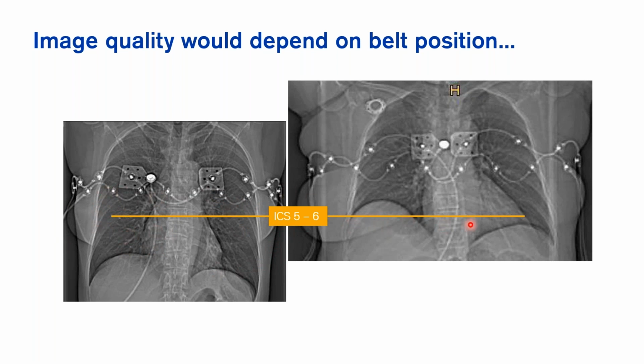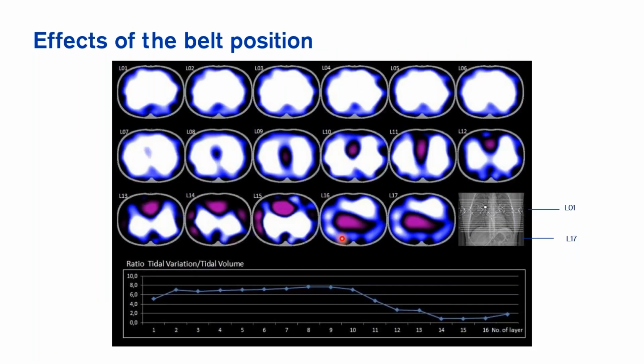If the belt is positioned too low, we might have the artifacts of the diaphragm getting into the image, and then our images would not make much sense. So for example, here, we are moving the belt down, down, down. We of course have the heart and the mediastinum, and then we get really strange images where the blue is basically the areas of positive impedance, and the purple color represents the areas of negative impedance.